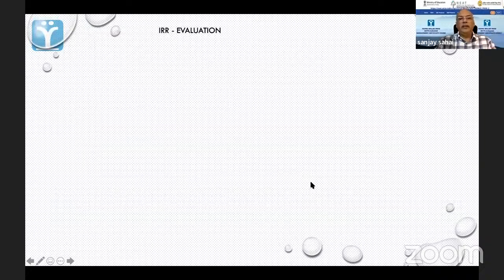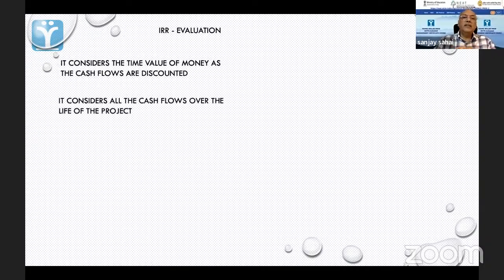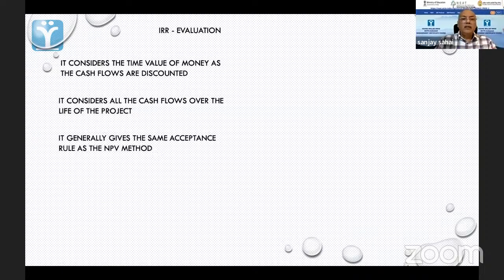now to evaluate internal rate of return, it's similar to NPV. It considers the time value of money as the cash flows are discounted. It considers all the cash flows over the life of the project. It generally gives the same acceptance rule as the NPV method. Whether to accept or reject, the rule is the same.